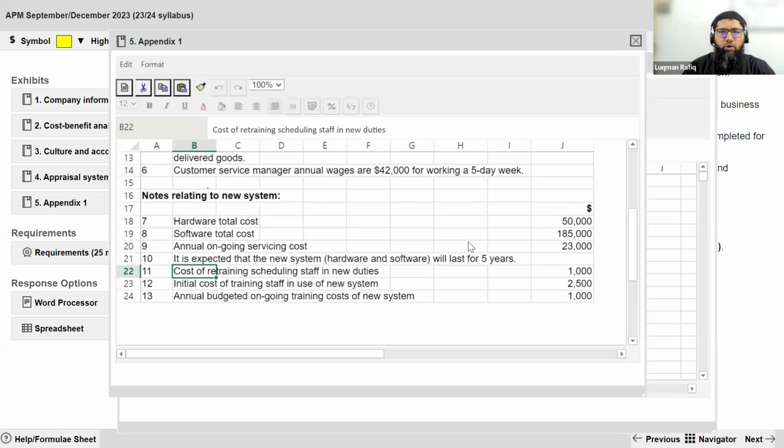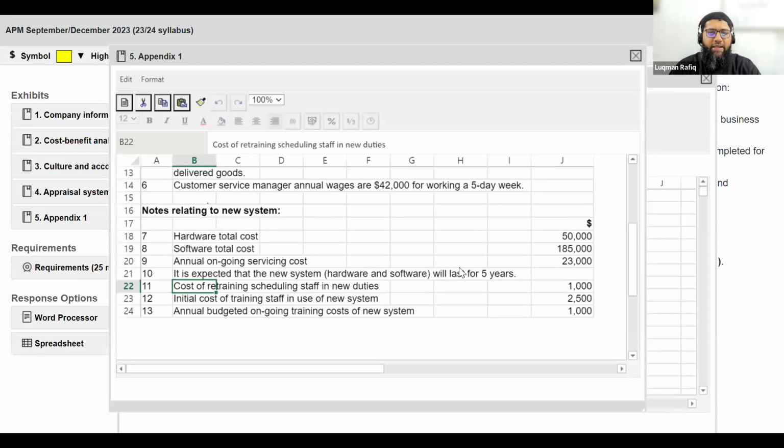Now what do we need to do? We need to do some calculations, and through those calculations we need to identify the financial cost benefit analysis of implementing this system.